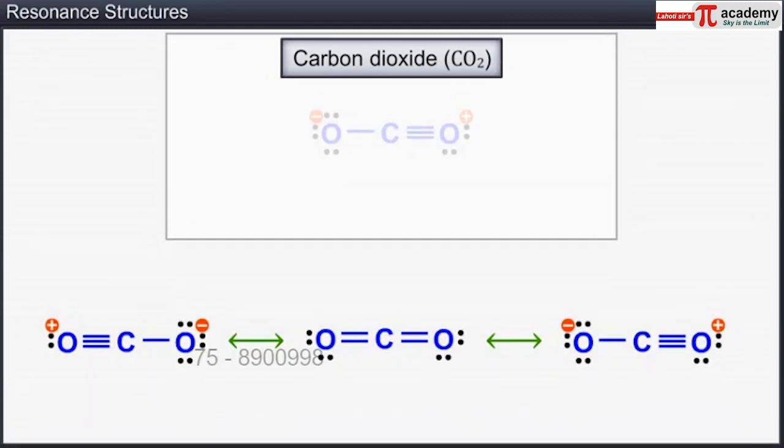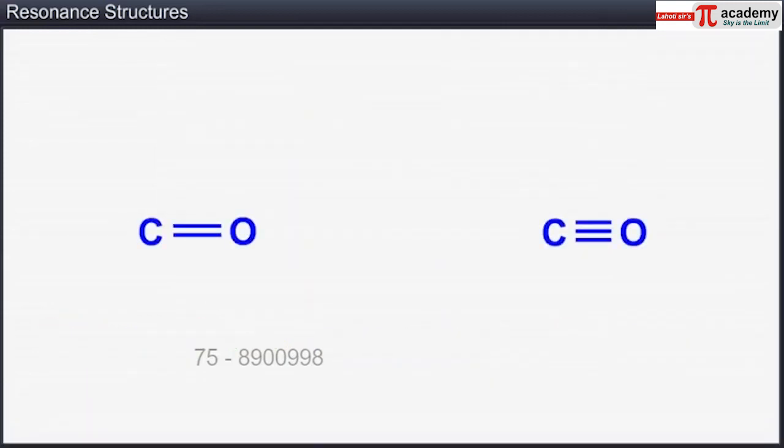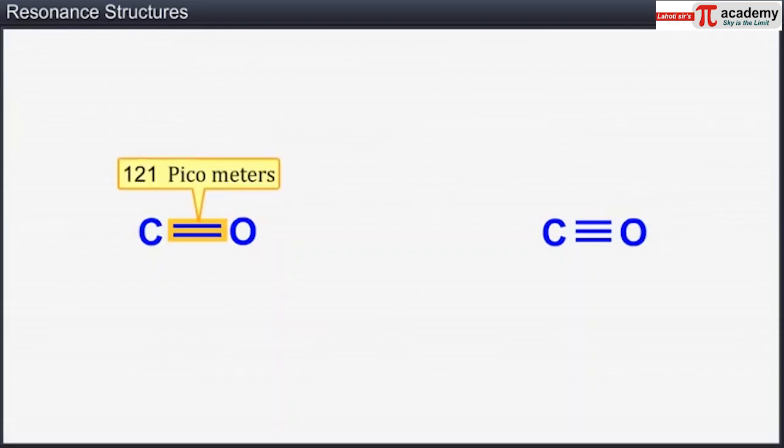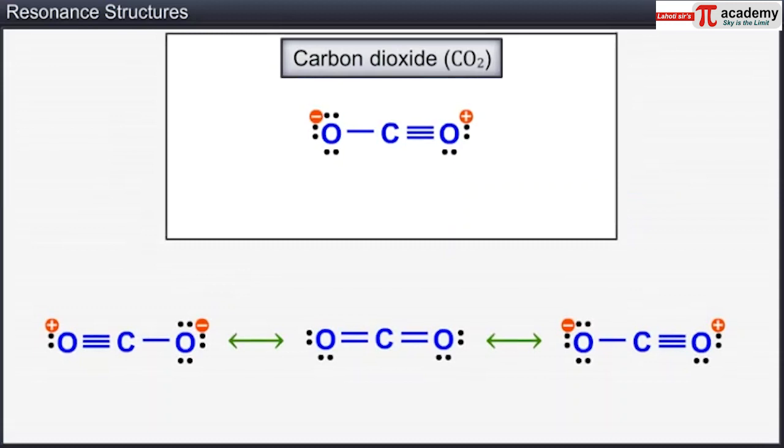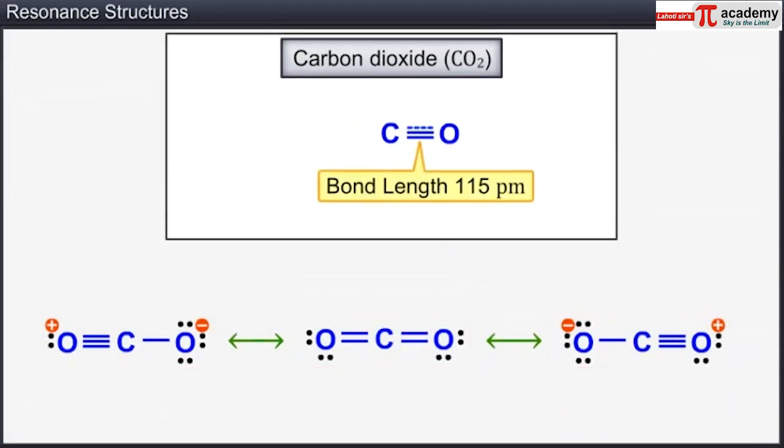The magnitude of this bond length is found to be intermediate between the bond lengths of a normal carbon to oxygen double bond, which is 121 picometers, and carbon to oxygen triple bond, which is 110 picometers. Hence, the resonance hybrid of these structures, as shown here, explains the experimentally determined bond length.